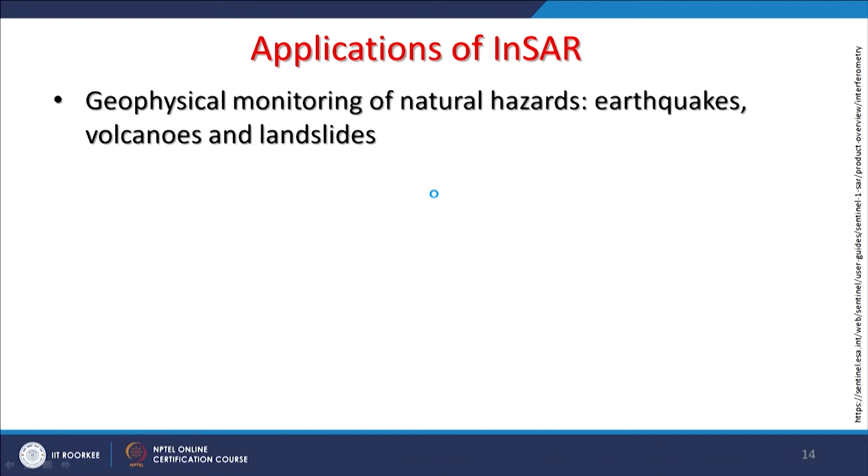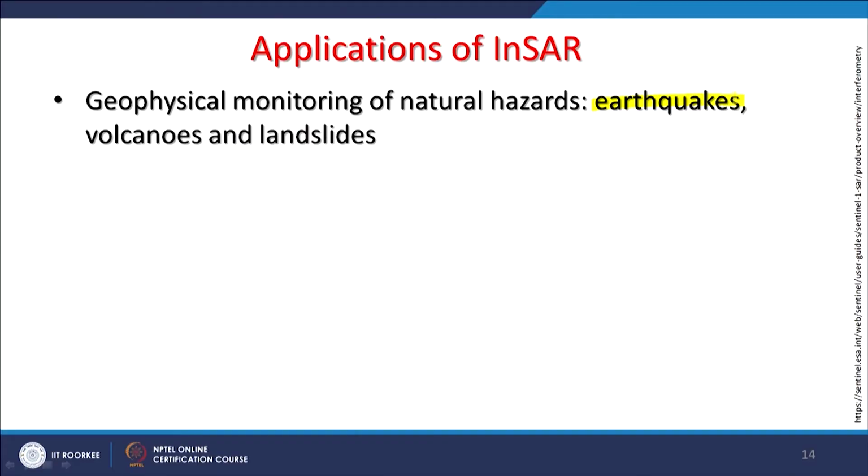What are the large applications? Some applications we have already touched, but some we will also mention here. Applications of InSAR technique, DInSAR or PSI, all combined together, play a very important role in geophysics and geodesy, in studying ground deformations, and in geologic natural hazards also. I have shown a few examples.